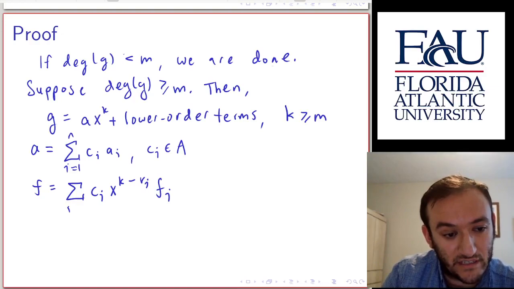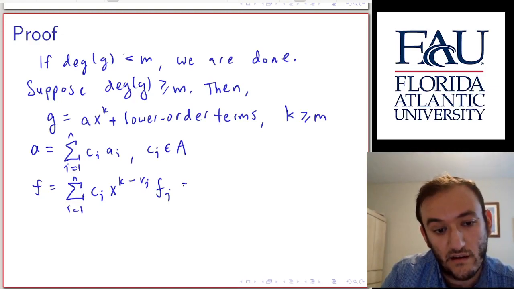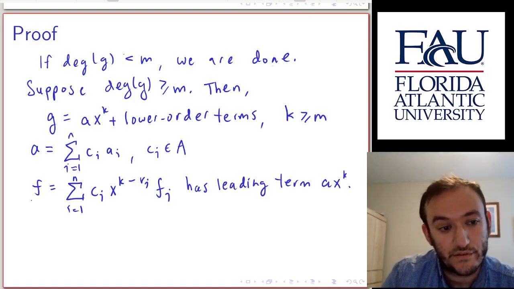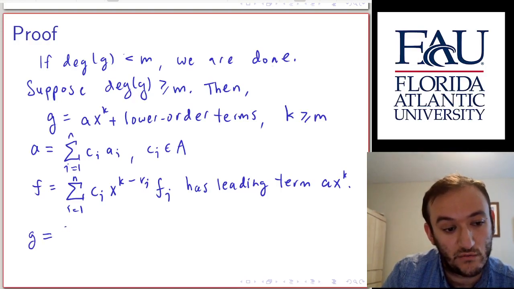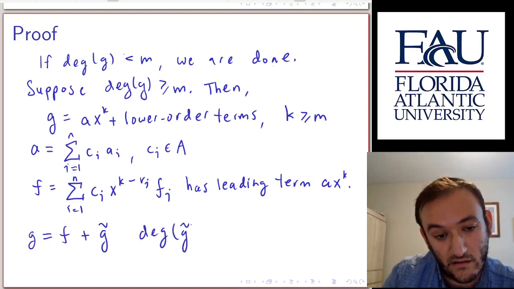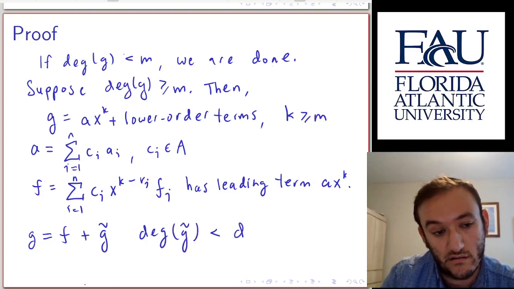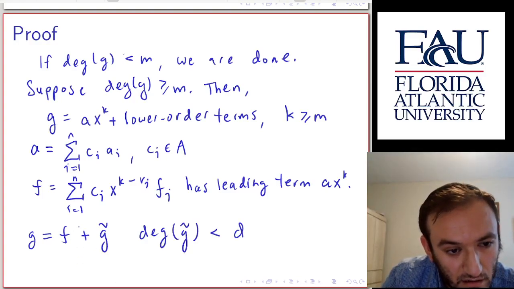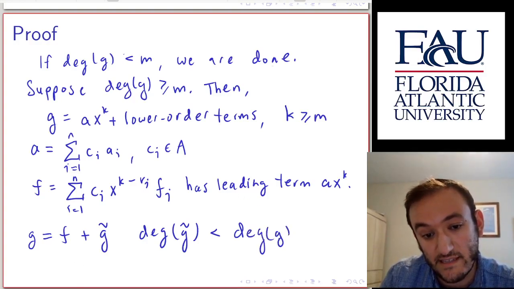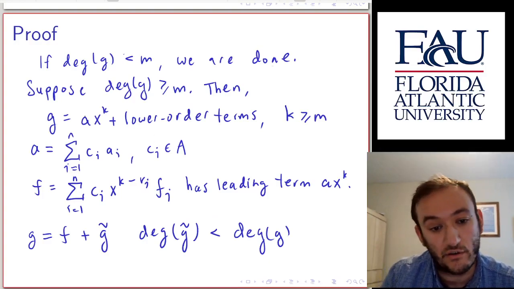Now this will have leading term a x to the k. So I can now show that g equals f plus g tilde, where the degree of g tilde is strictly smaller than the degree of g, because this f already includes the leading term.